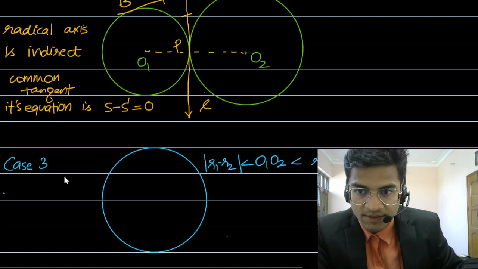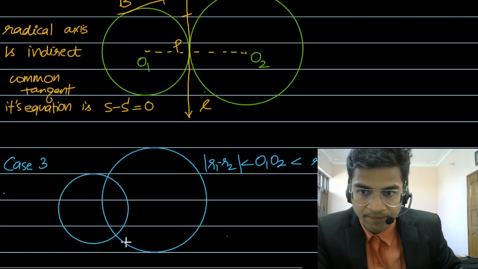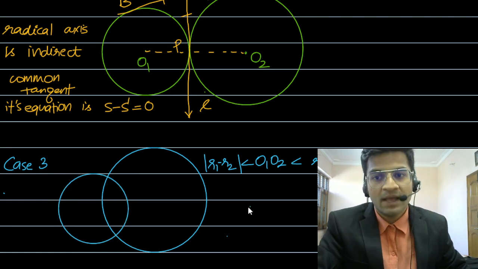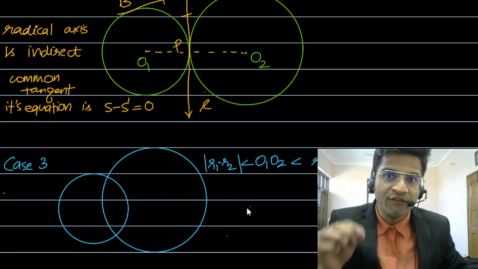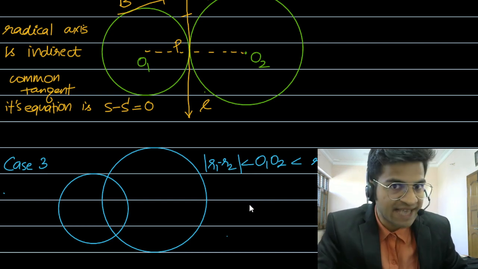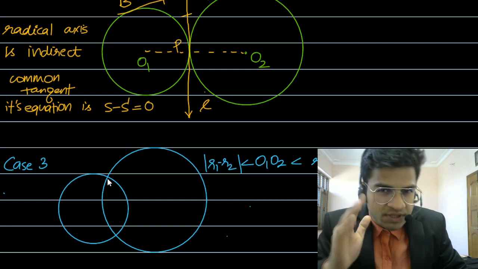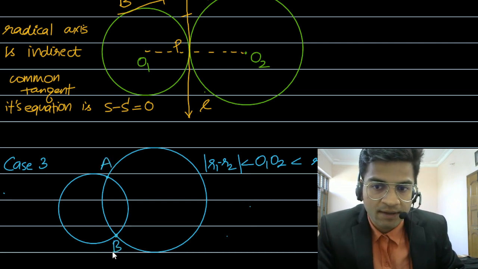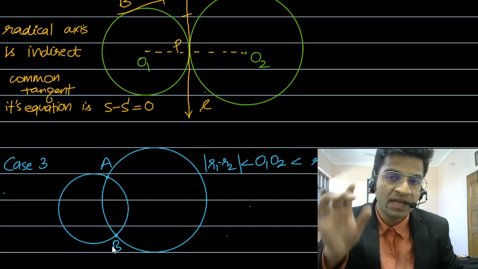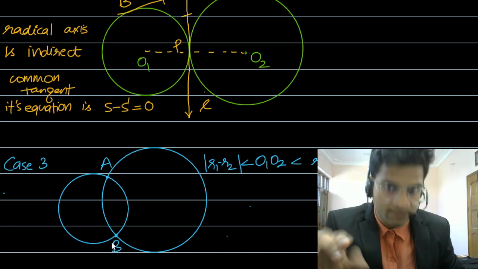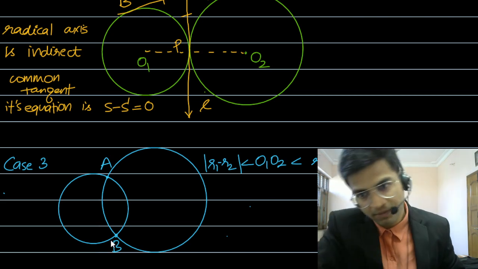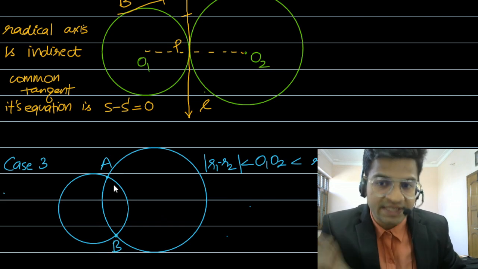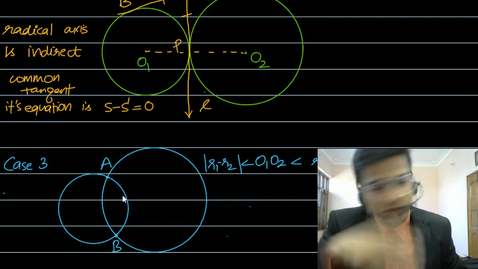Let us draw one more circle. Now, where will the radical axis lie? Dear students, we know the equation of radical axis is S minus S dash is equal to 0. Now, just think that these two points A and B, they are the only two points, or there are other points as well, but what we can observe is that these two points satisfy the equation of both circles.